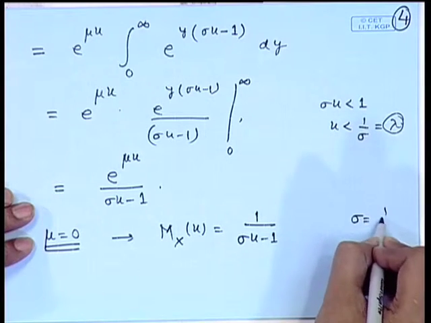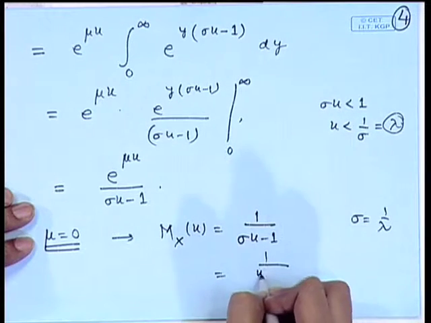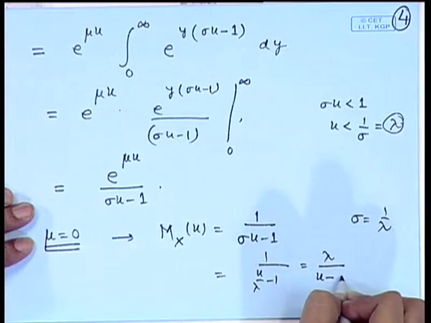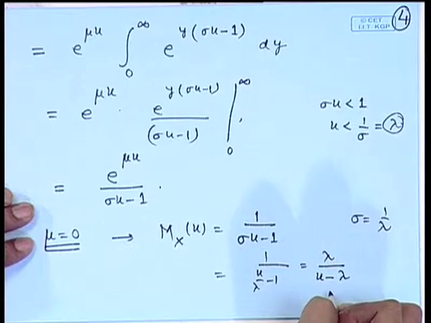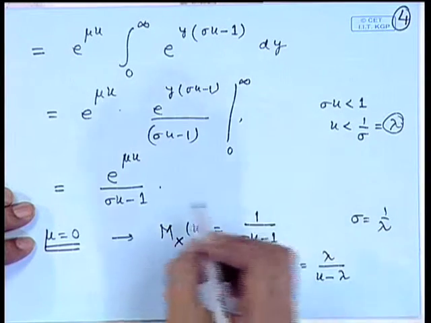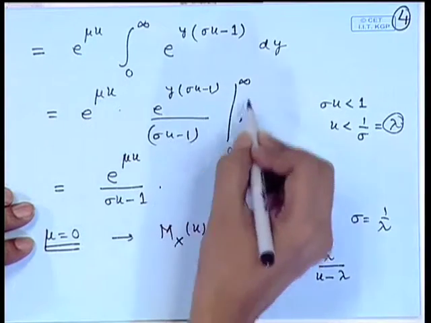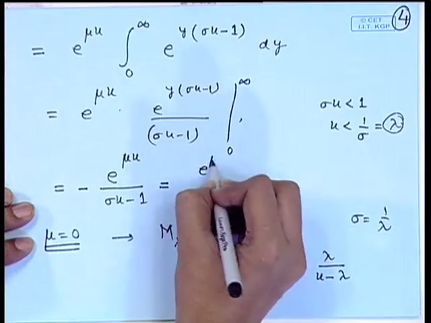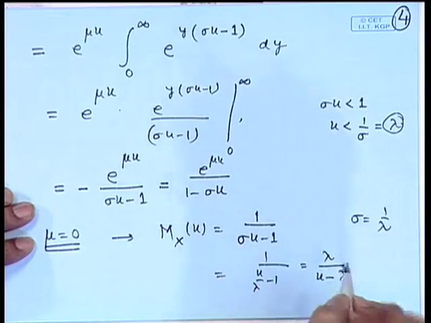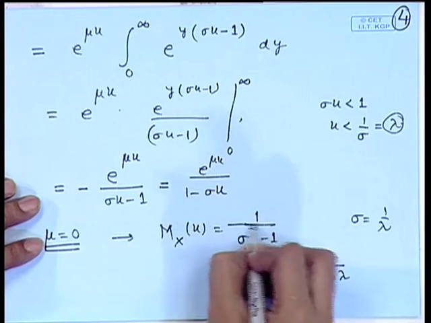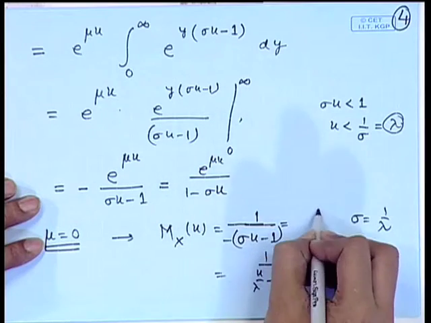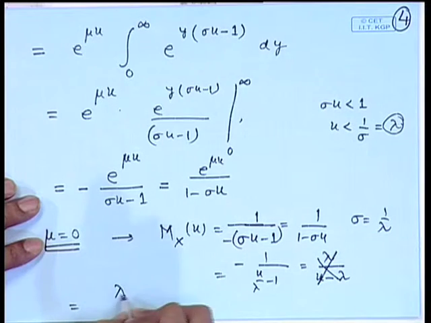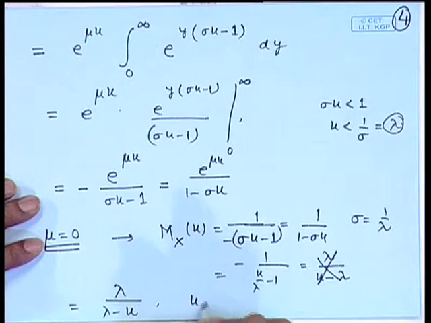If we put sigma equal to say 1 by lambda, then this will become 1 by (u by lambda minus 1), that is equal to lambda by (u minus lambda). There is a minus sign here, because when we put 0 there is a minus sign. So, this will become actually equal to e to the power mu u, with a minus sign, 1 by (1 minus sigma u). So, this is equal to lambda by (lambda minus u) for u less than lambda.